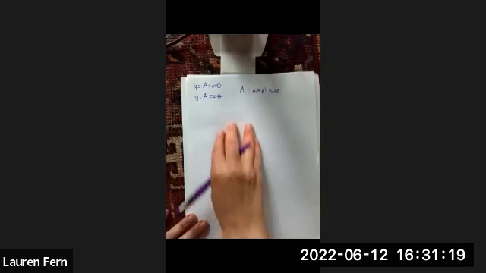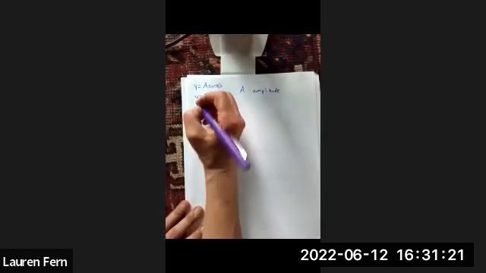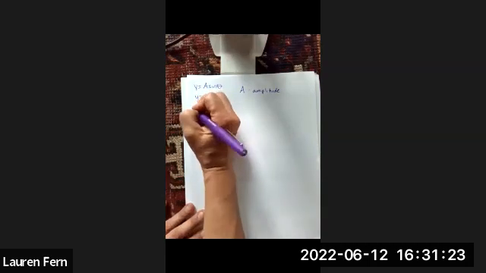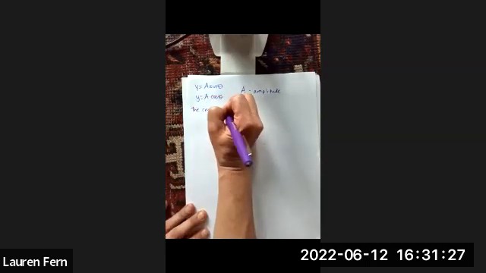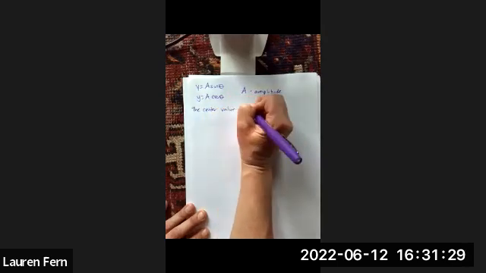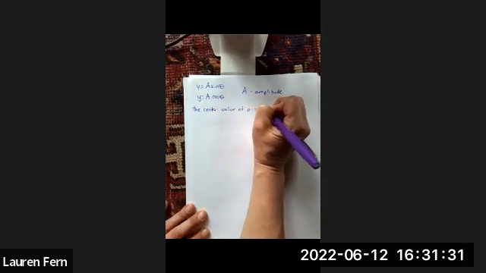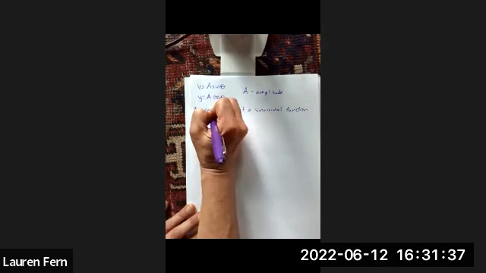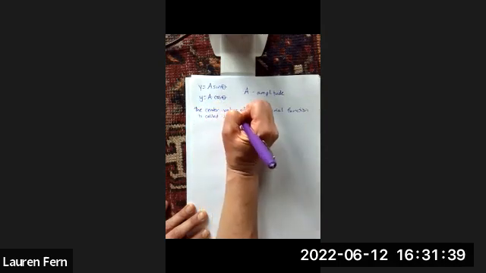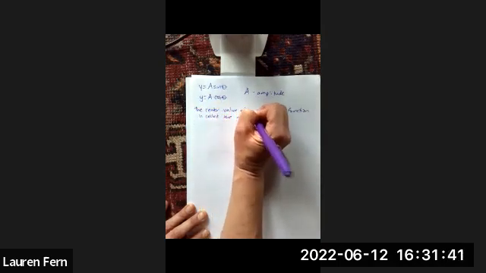However, we know vertical shifts can happen. So I'm just going to give you another definition real quick and say that the center value of a sinusoidal function is called the midline. That's your shift up and down.